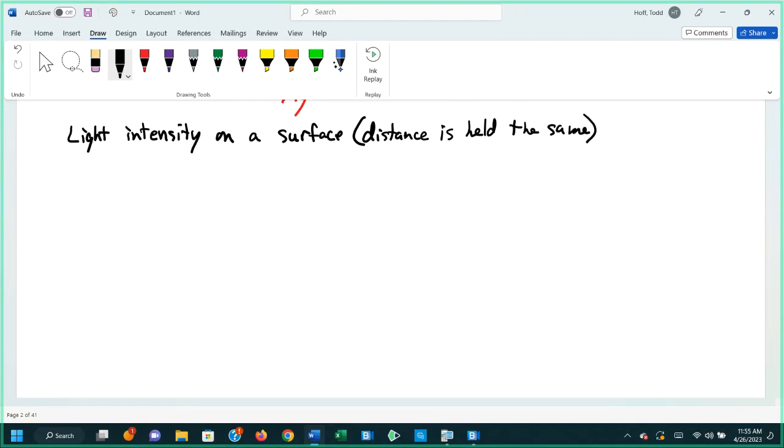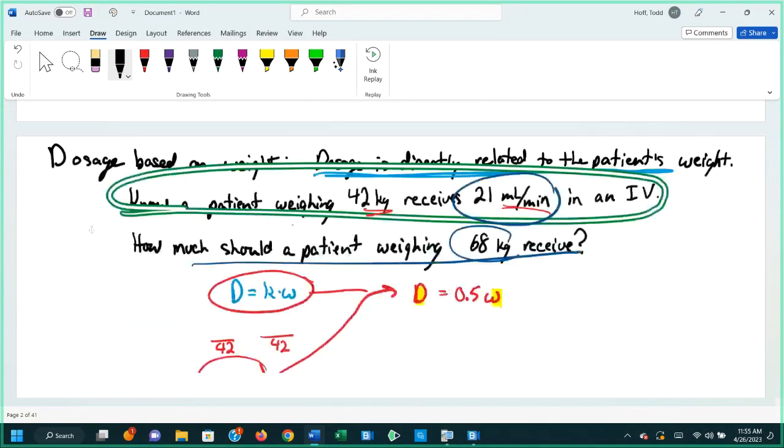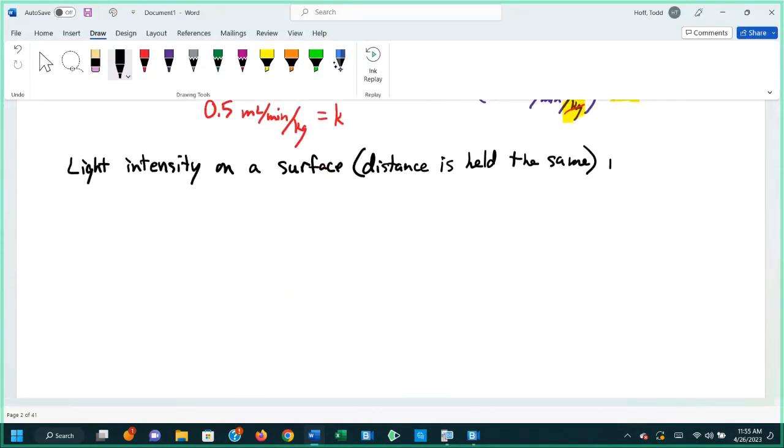If I don't change the distance, light intensity on a surface is directly related to the square root of the bulb wattage.